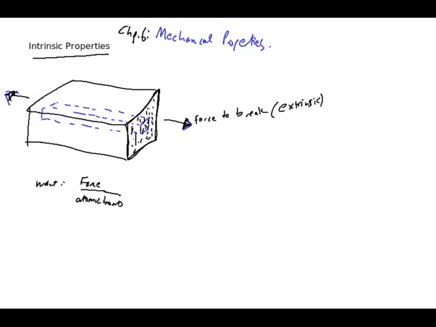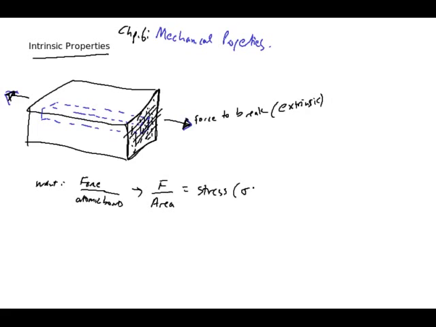And instead of trying to capture that directly, we will instead introduce a property which is the force per cross-sectional area. So it's the force per the amount of area shaded there, which we'll call the stress.